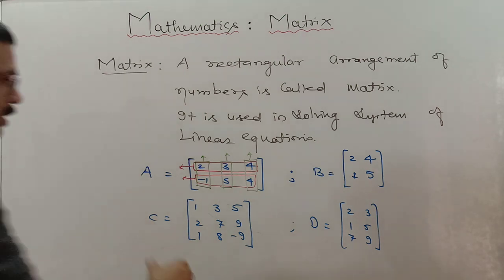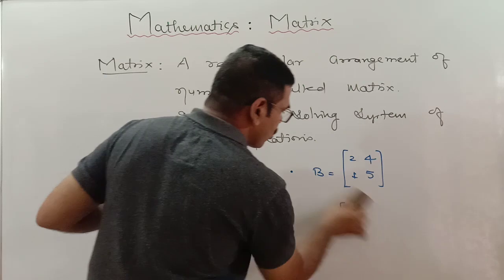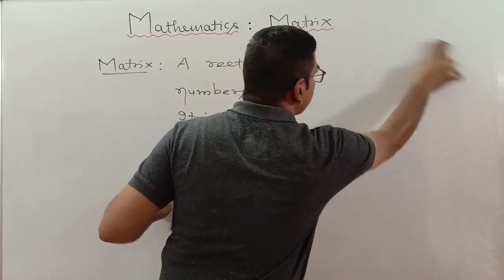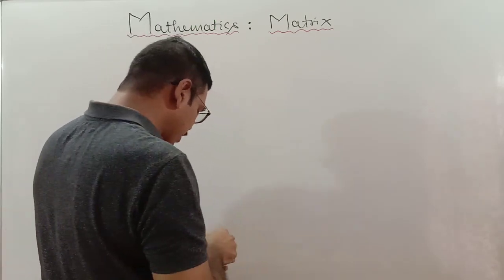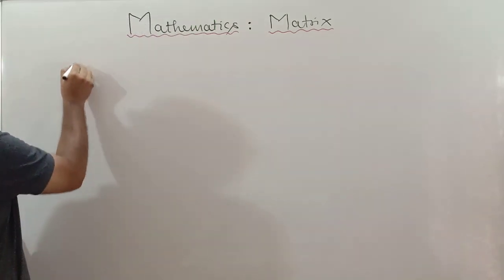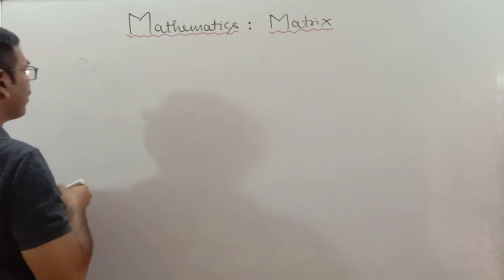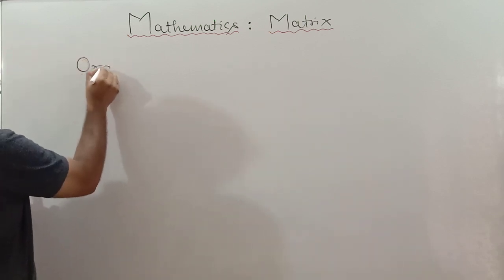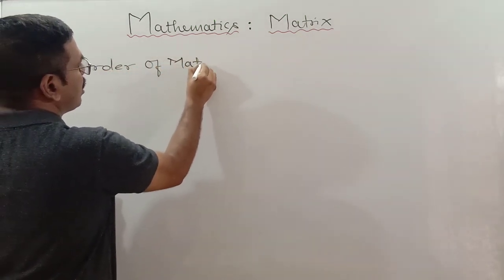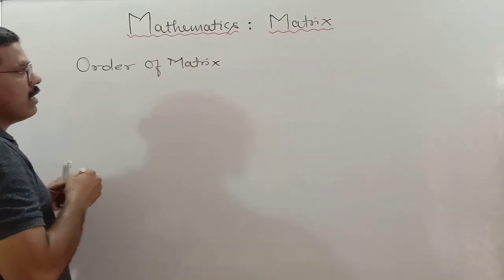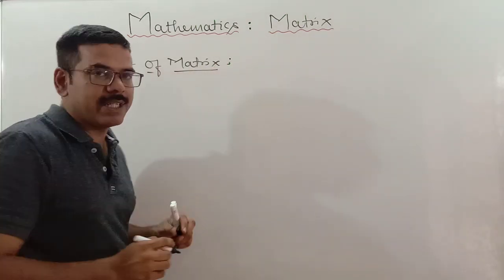Now I am just making this clean for writing some important terms related to a matrix. Okay, see, very first and foremost term related to matrix is the order of matrix. This is again one of the most important definition, that is the order of matrix. What do you mean by order of the matrix? See, this is very simple term of matrix.